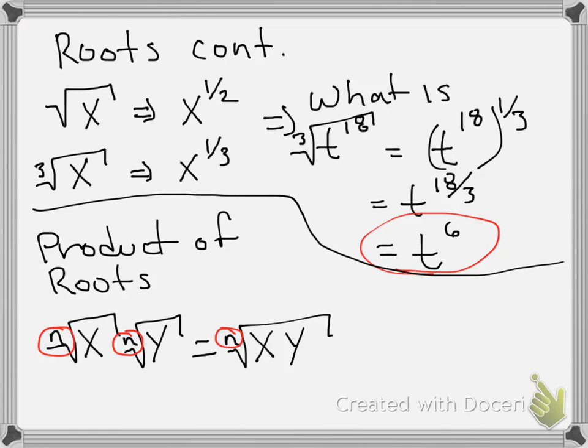You could prove this using those rules from the first slide. It's actually no different than those exponential rules. It just looks a little bit funny here, but just so that you know, these roots do have to be the same. This would not be the case if this was, for example, an m there. So if this is an m, we can't further simplify this. But if both of these have the same root, then we can simplify it like this.